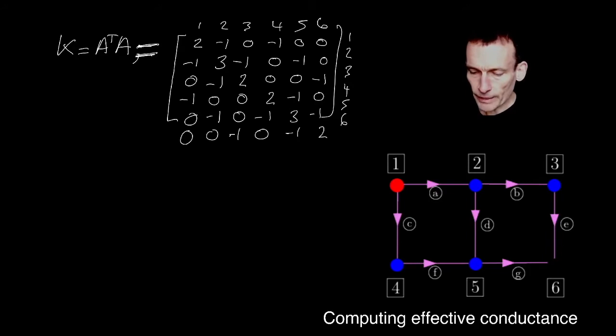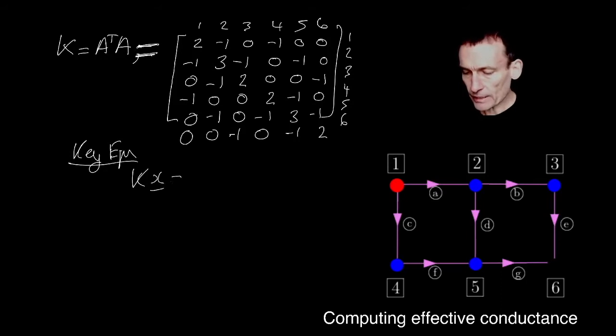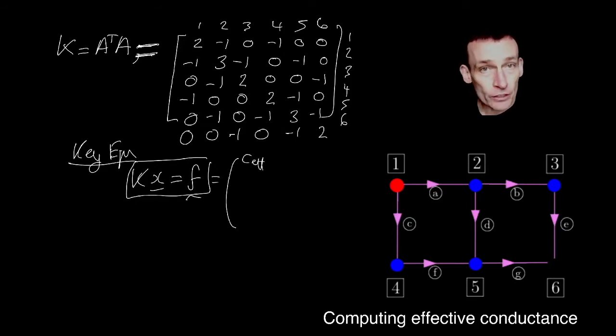And then remember the key equation. The key equation is K times X is equal to F. And F will be, remember, the current divergence. The current divergence from node 1 will be the effective conductance.